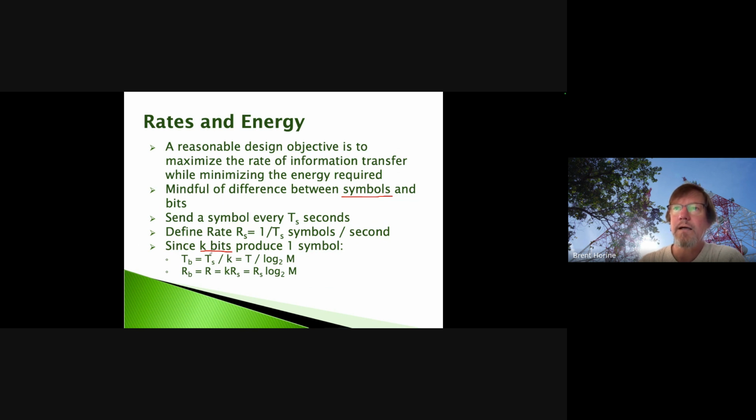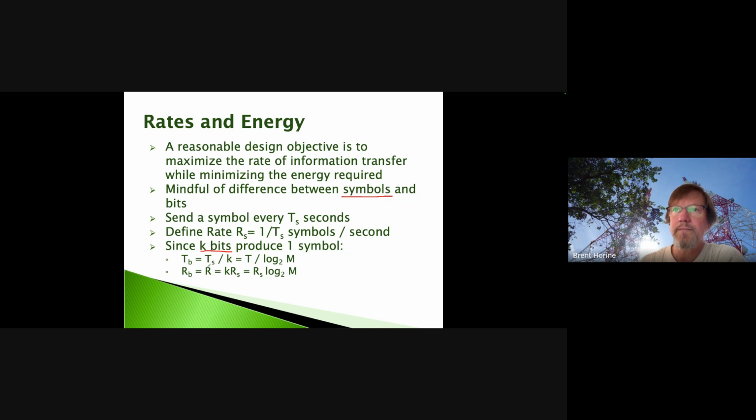Then we would divide our symbol period by 3 to give us our bit period. And then there's the opposite relationship in terms of rates here.